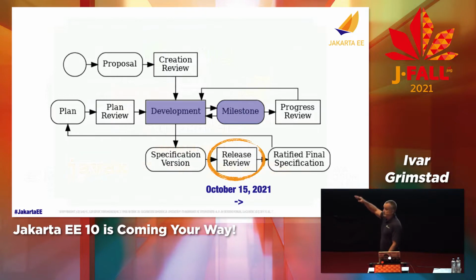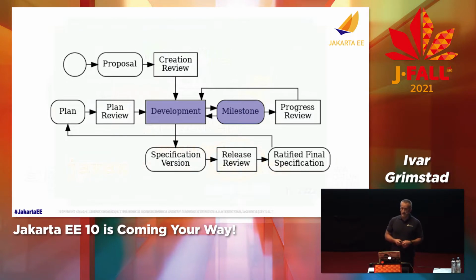It's kind of a regular development process, but we have these reviews scattered around there. The release review is very important to capture all the IP in the specification, so it's perfectly open for everybody to use afterwards. And we want to start these release reviews of the various specifications around October 15, which is a couple of weeks ago, and up until around mid-December.